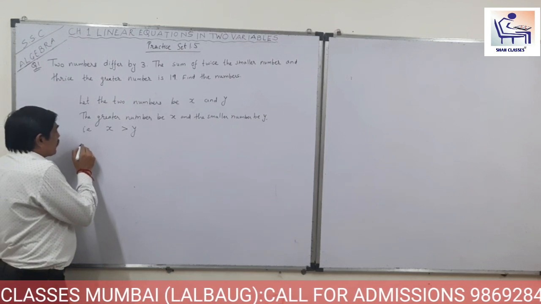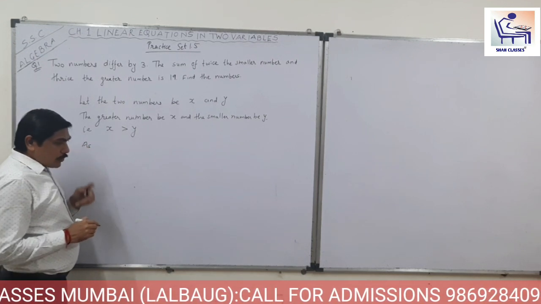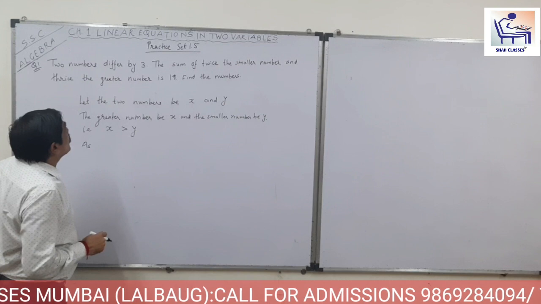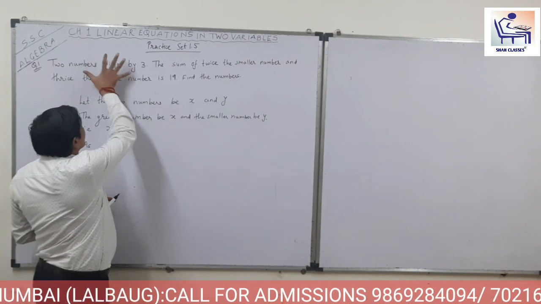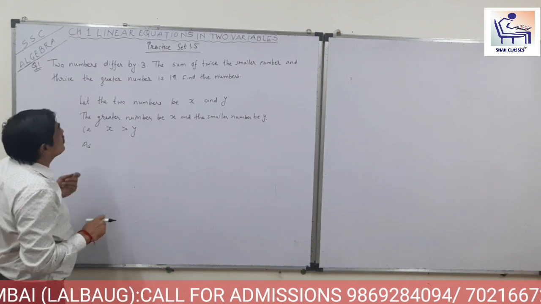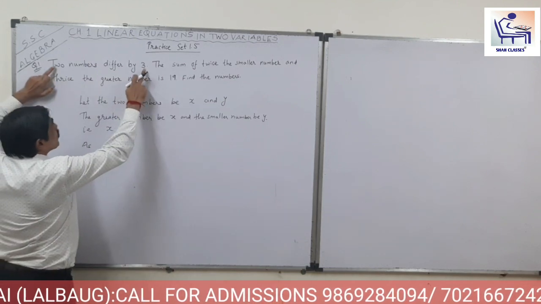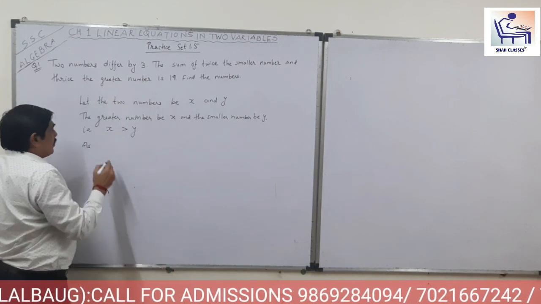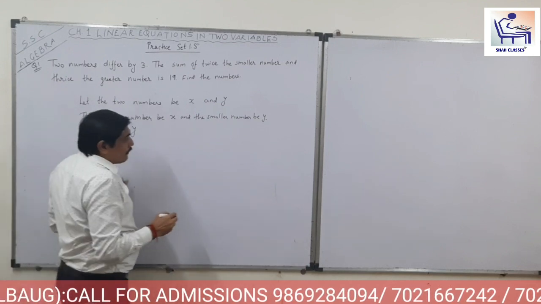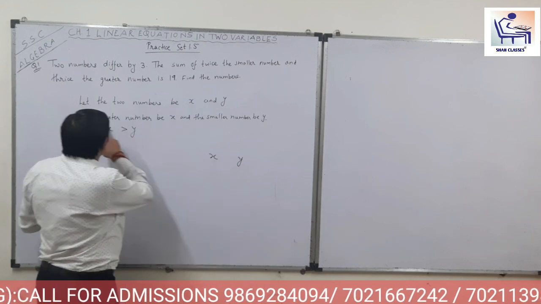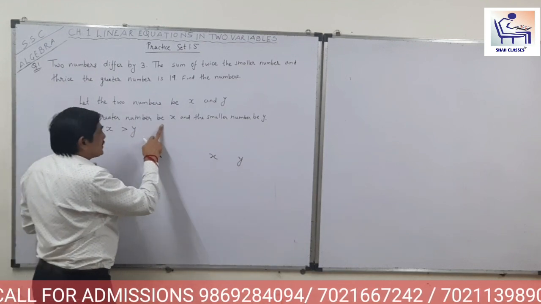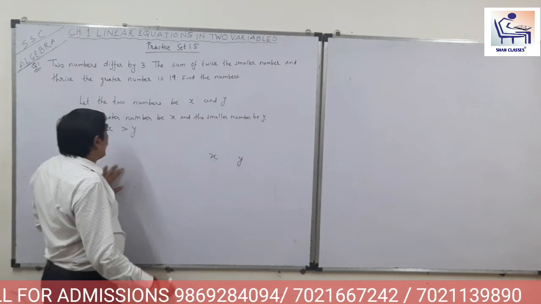Now, we need two equations, and I have to find out how I can make the two equations from this sum. So the two numbers differ by 3. What does the difference mean here? Suppose my x is greater, as I have already told, the greater number be x and the smaller number be y.